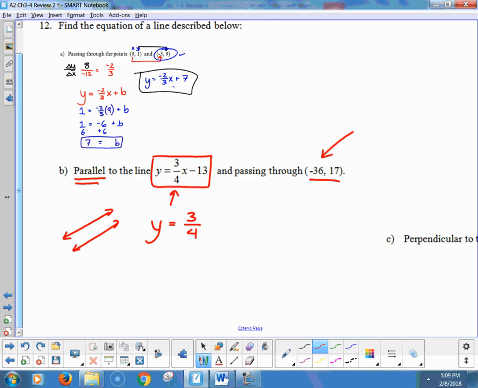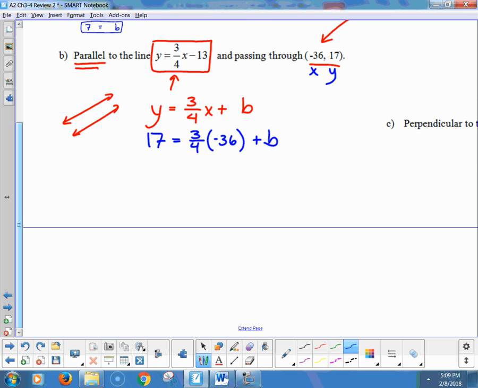So y must equal 3/4 x plus some different y-intercept. I could take this xy point and plug it in to figure out what the y-intercept is. 17 must equal 3/4 of negative 36 plus b. Let's see, 1/4 of 36 is 9, so 3/4 of 36 is 27.